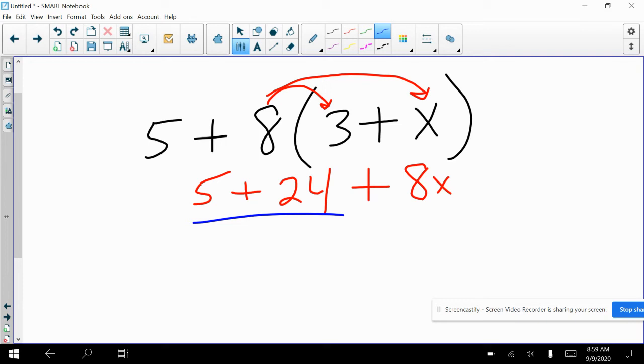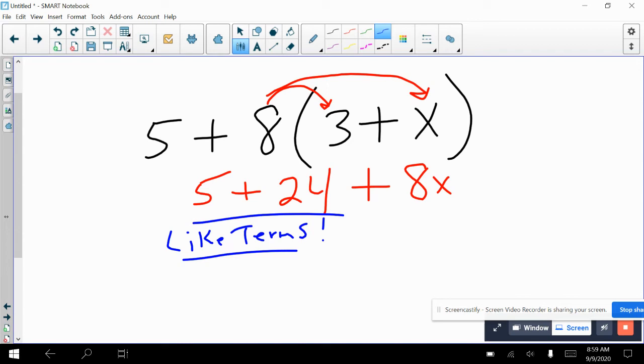We just said it last screen. Max? What do we call them? Terms? Okay, what kind of terms? You're right, Kehan. Yeah, they're like terms. That's the math terminology that you're going to hear. They're like terms, meaning they're both constants, right?